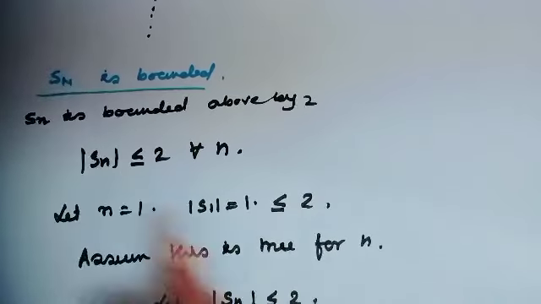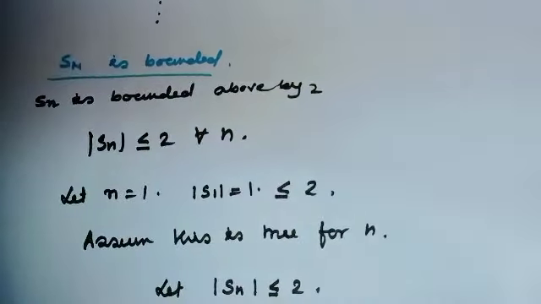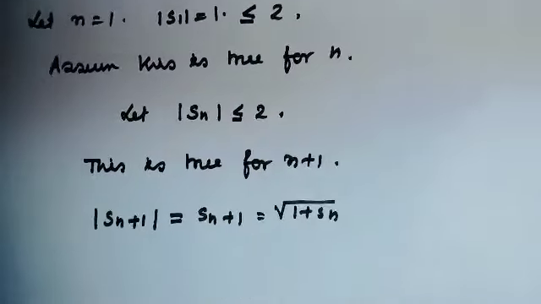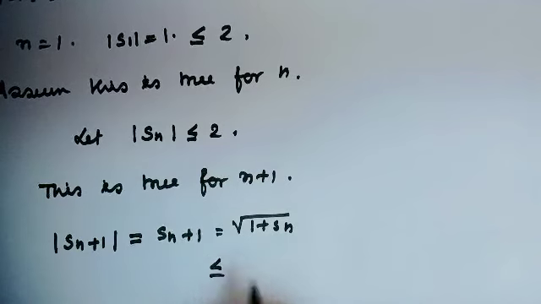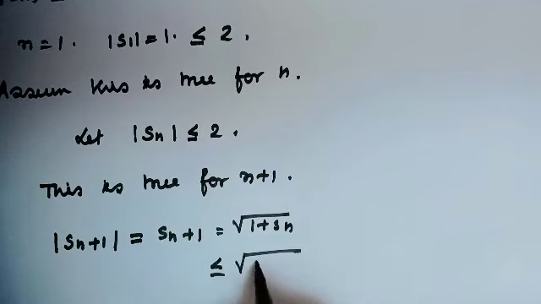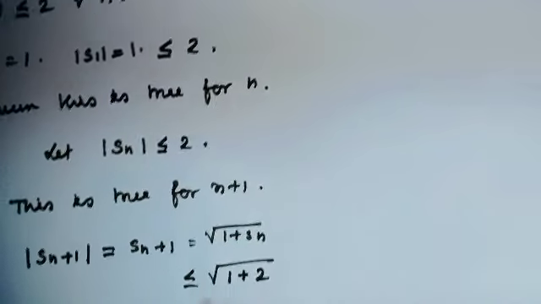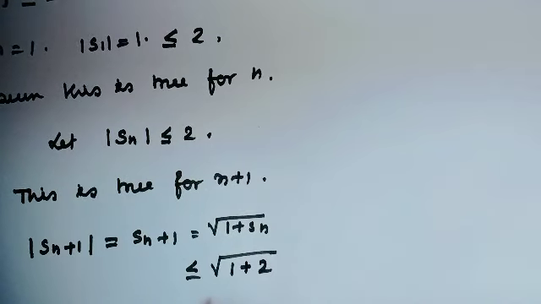Since Sn is bounded above by 2, this is less than or equal to square root of 1 plus 2, since all terms of the sequence are less than 2. Okay.